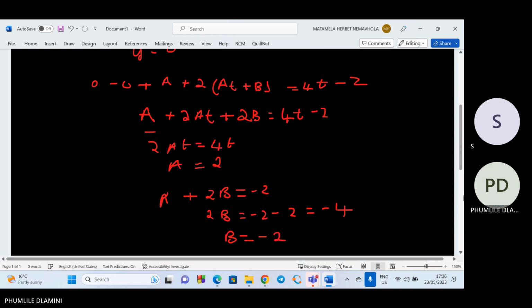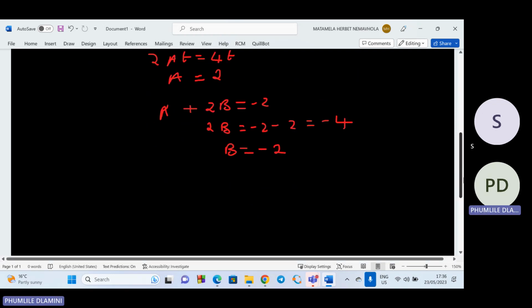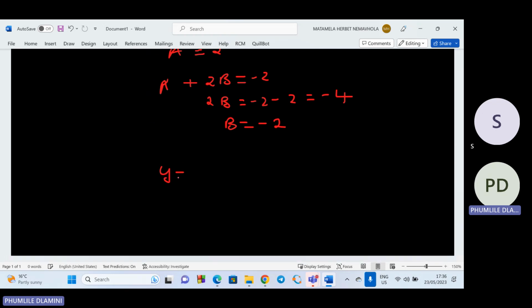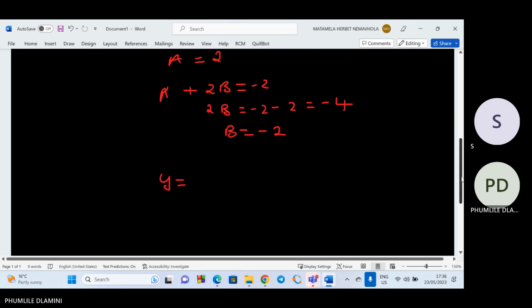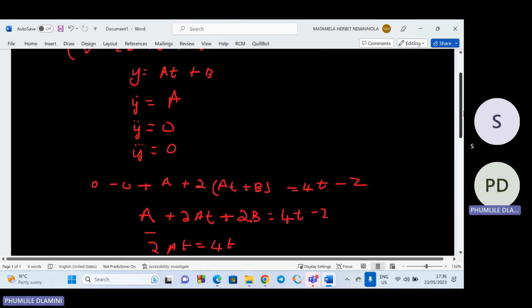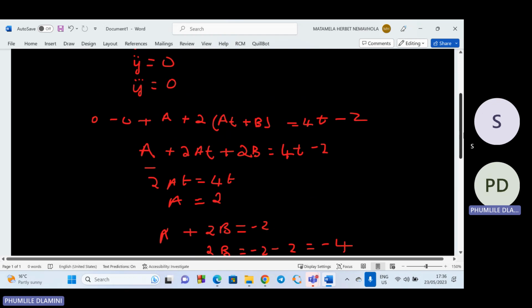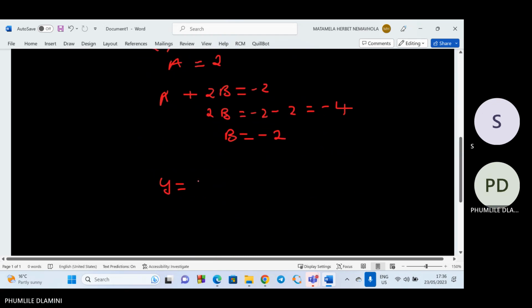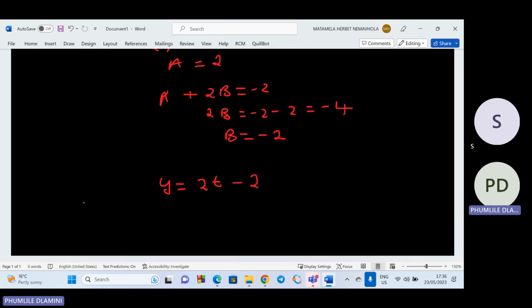Then in our original equation, our y equation there is at plus b. Our a is 2 and our b is minus 2, so 2t minus 2. So this is our equation. This equation that we got here, our y particular of t, is equal to 2t minus 2.